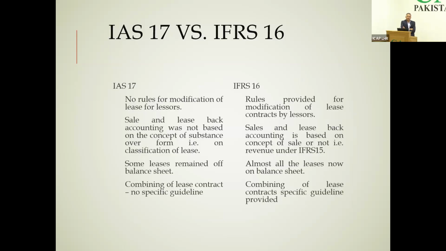There were no rules for modification for the lessors in IAS 17. This standard does provide how the lessor will account for the modification. And then previously a very surprising accounting was given in IAS 17 for sale and leaseback, which was giving rise to certain deferred gains and deferred losses and derecognition of assets, even when the major risks and rewards of the asset rested with the lessee.